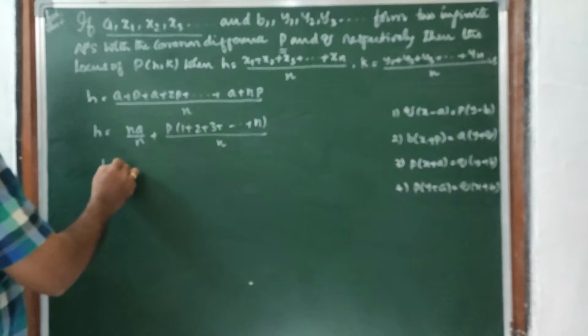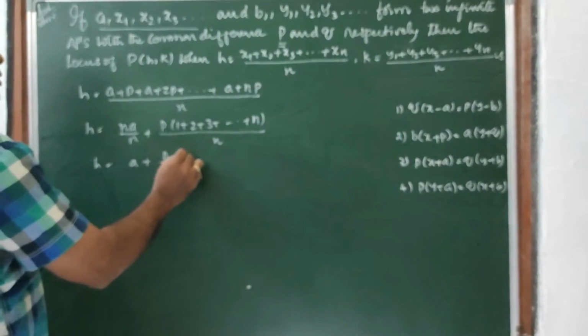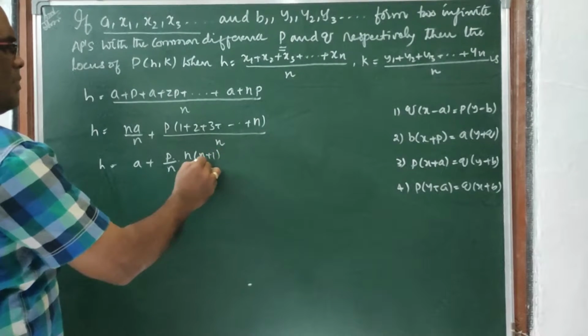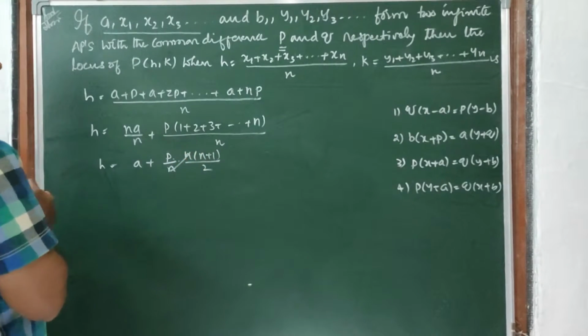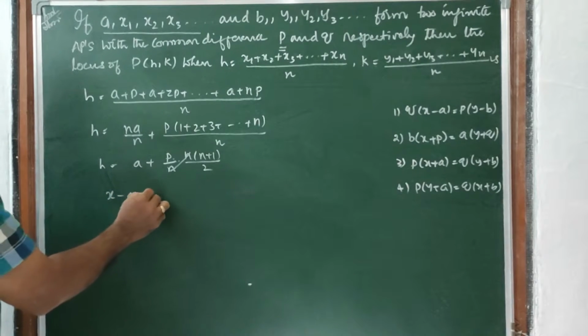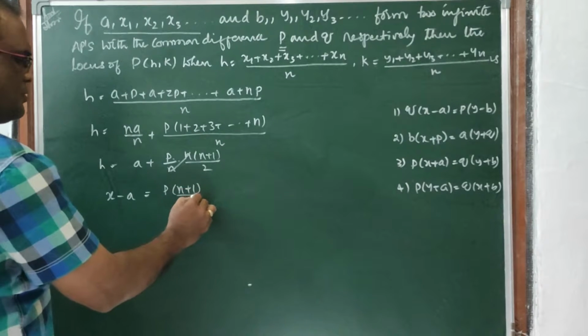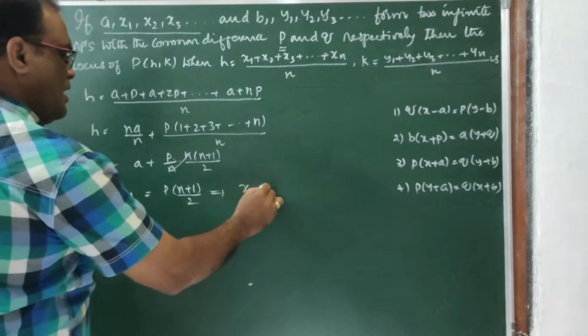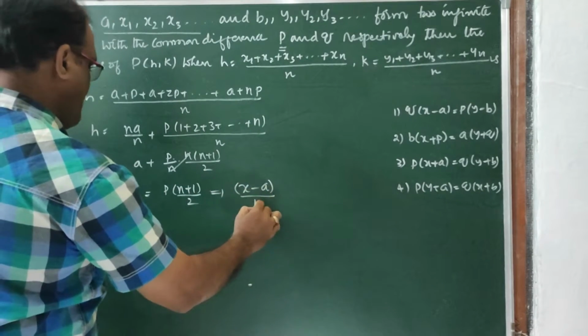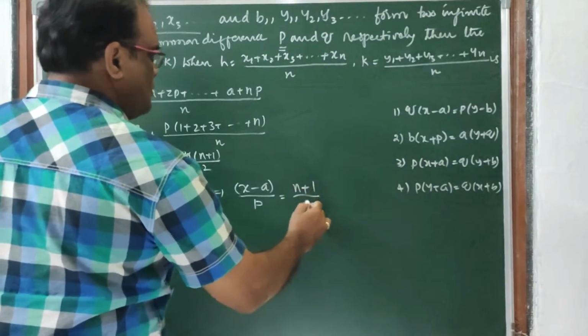So h is equal to a plus p by n into n(n plus 1) by 2. So consider h as x. x minus a is equal to p into (n plus 1) by 2. So (x minus a) by p is equal to (n plus 1) by 2.